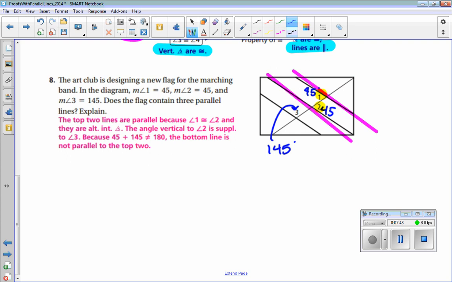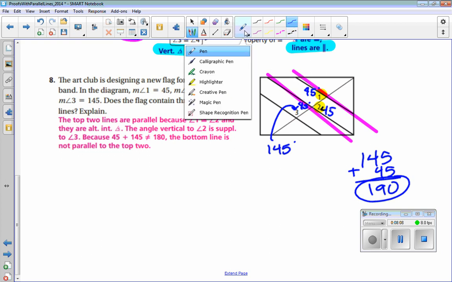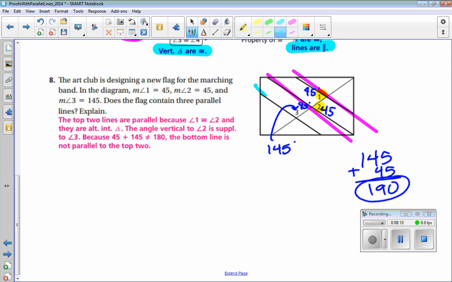However, she used words like vertical. I loved it. 45 degrees right here. And I know that these two, angle 3 and that vertical pair, have to be supplementary. But 45 and 145 do not add up to 180. They add up to 190. So this third line is not parallel. So the one that I'm highlighting here in blue is not going to be parallel to the other two.